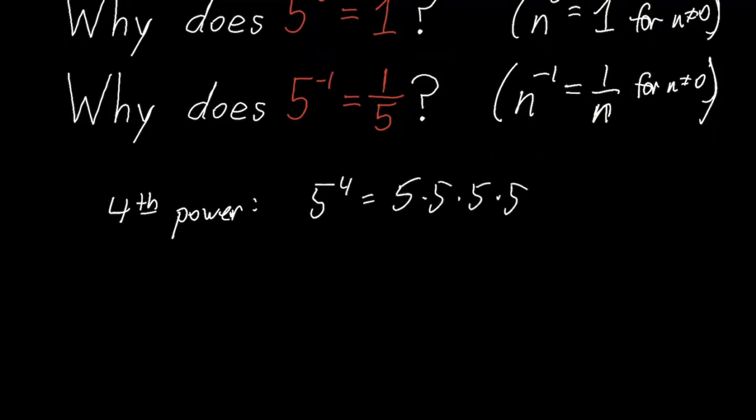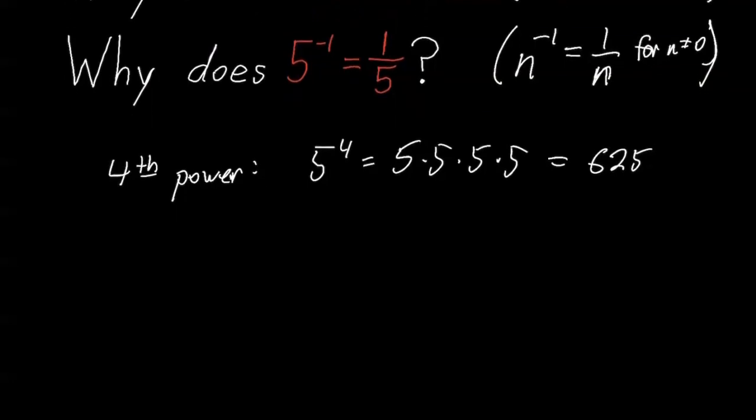It's just 5 multiplied by itself. The most careful way I can say it is 4 copies of 5 multiplied together. That's some number, it turns out to be 625, but that's actually not that important. It's really just 5 to the 4th.